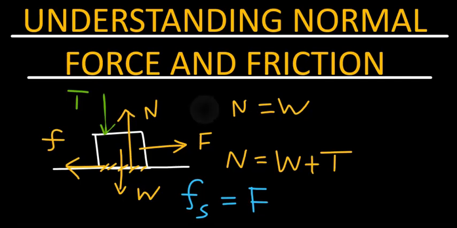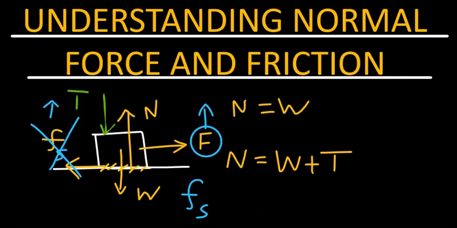Meaning, as you keep on increasing this forward force, capital F, the static friction that is maintaining the static behavior of this object will also go up until one point when F gets sufficiently large, this would give way and motion would start to occur.